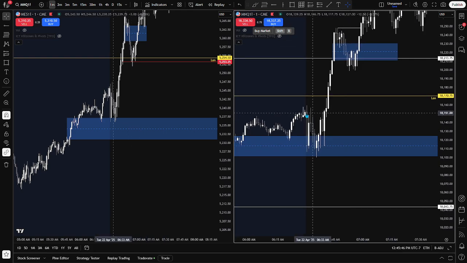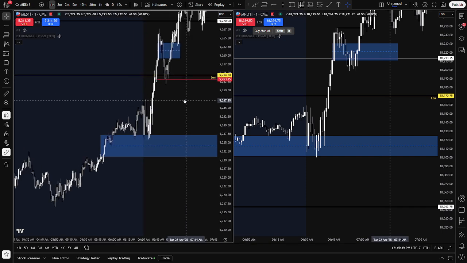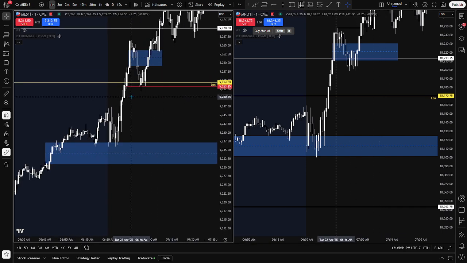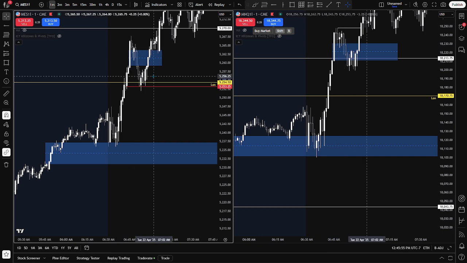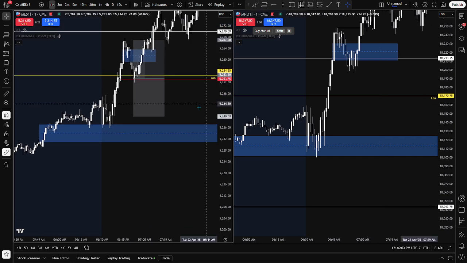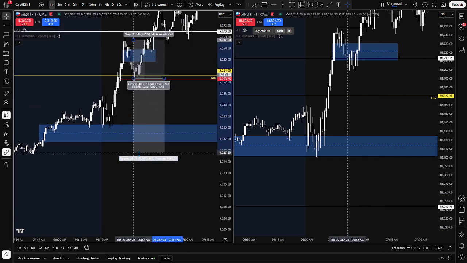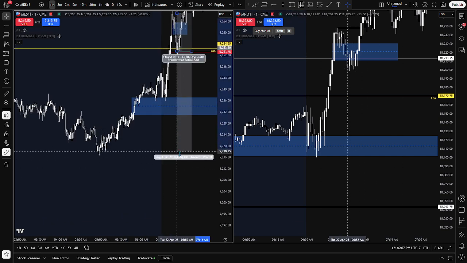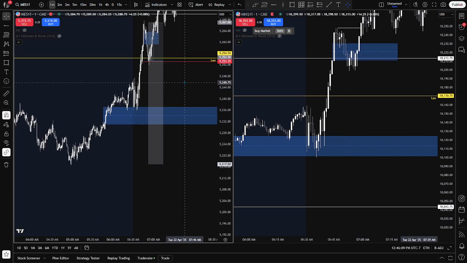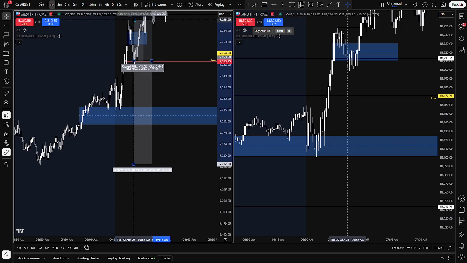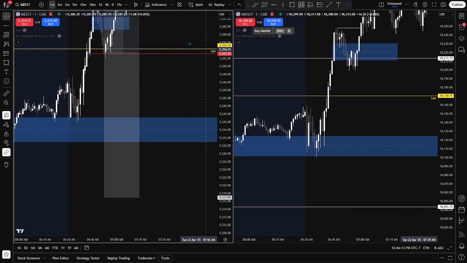But we instantly ripped. I was keeping an eye on this right here. I wanted to short after we took London highs. So my trade would have looked something like this, down to London lows or whatever. But I followed my rules.